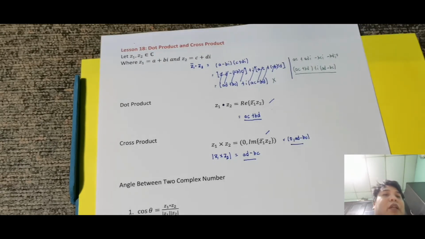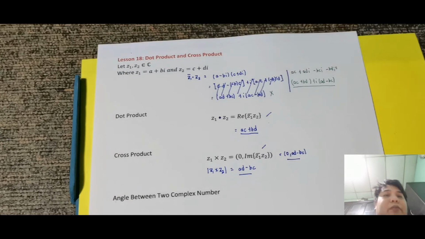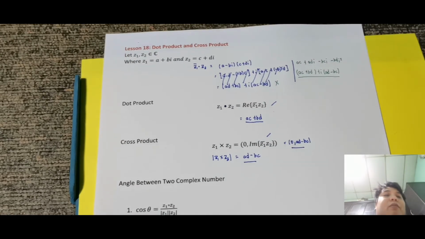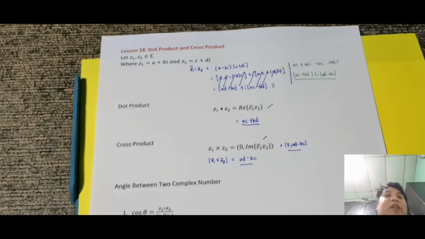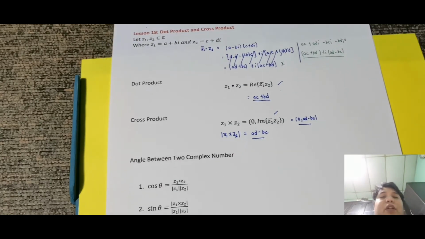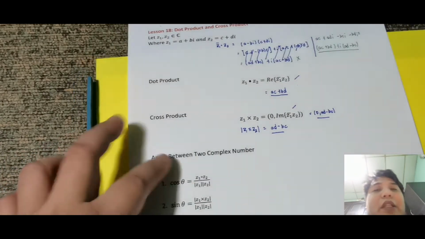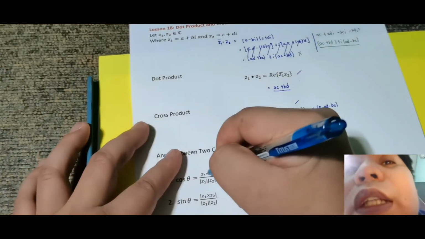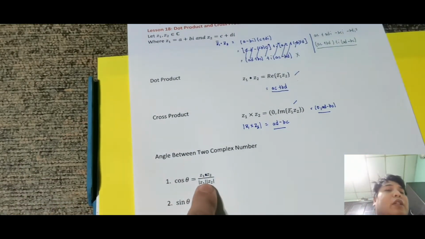So, next is the angle between two complex numbers. So again, meron tayong dot product, meron ng cross product. So, i-relate natin si cross product sa si dot product gamit si angle between two vector. So para makuha natin yung angle between two complex number or two vector na yon, ang sabi lang, cosine theta is equal to Z sub 1 dot C sub 2 all over modulus ng Z sub 1 times modulus ng C sub 2.